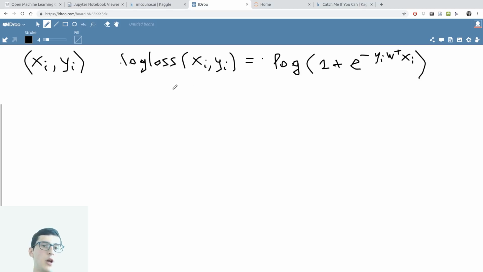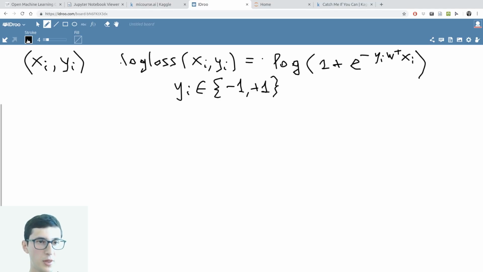Okay, so be careful here, it's only for y's from -1 and +1. Another really popular case is when the values for yi are 0 and +1, the expression will be a bit different.